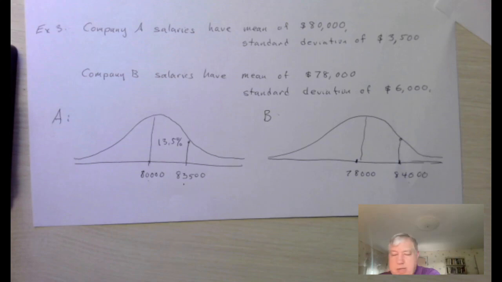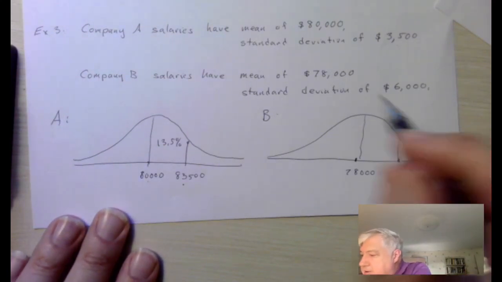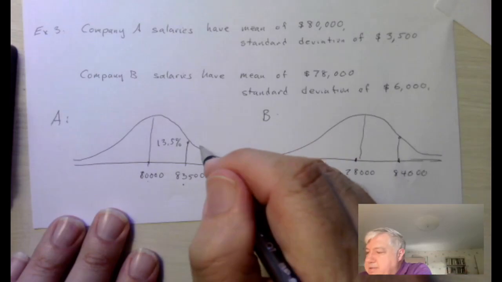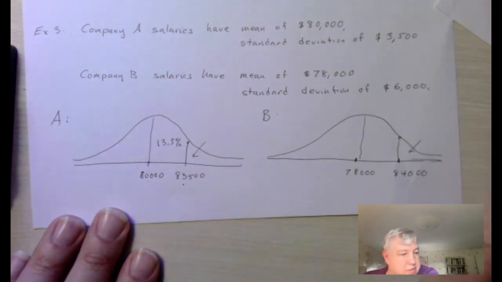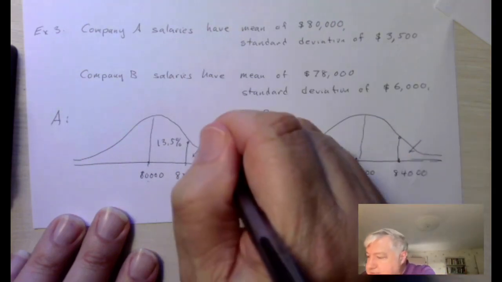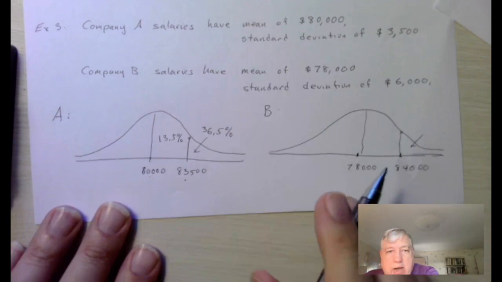And what that says is that you can do some arithmetic, and it'll turn out that this region is 36.5%. Now, how do we get this?